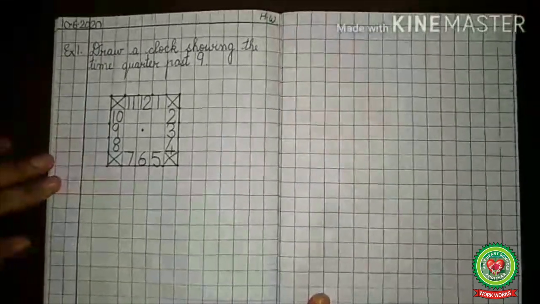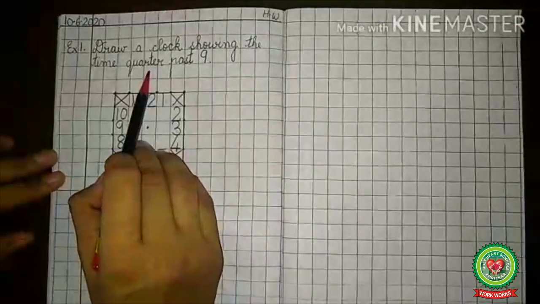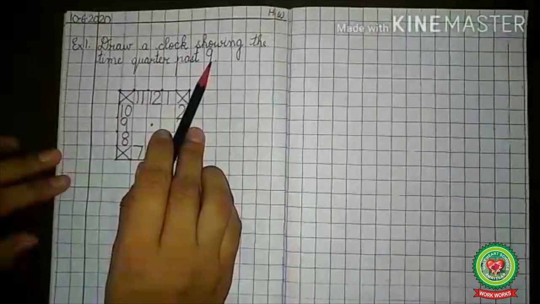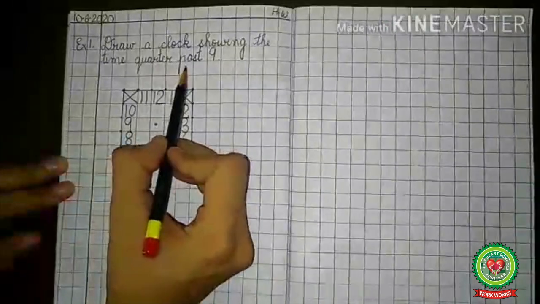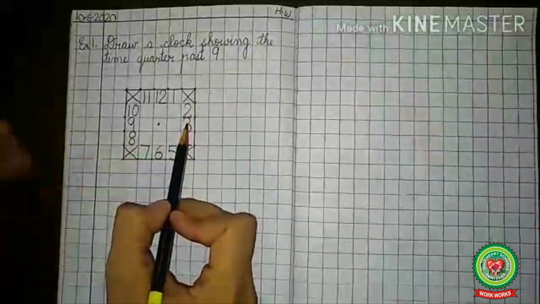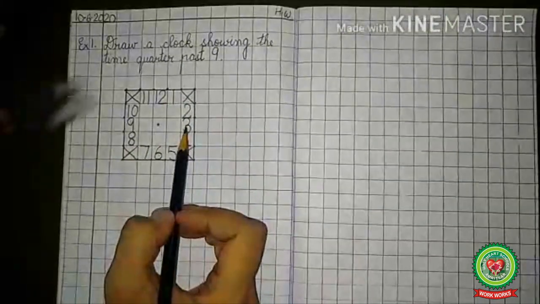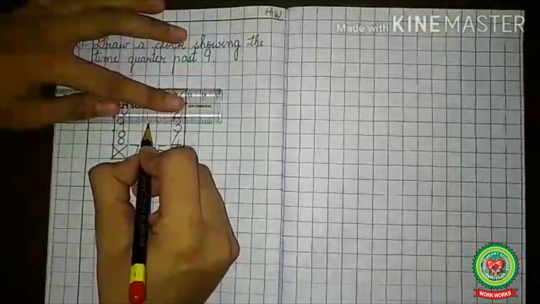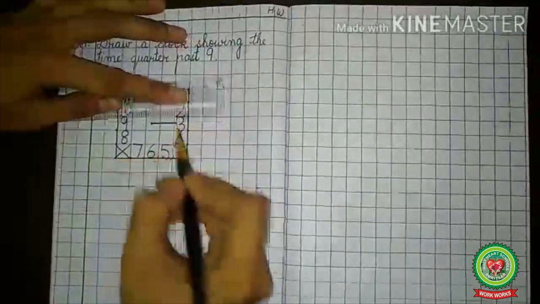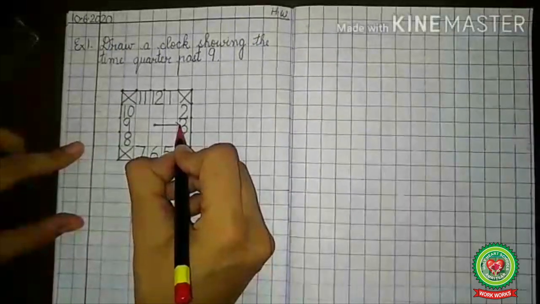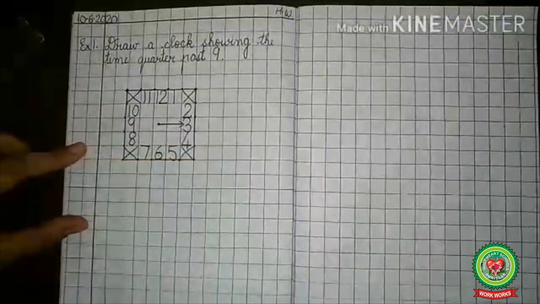Now children, what do we have to show? We have to show quarter past 9. As we have learnt, quarter past means the long hand is at 3 and the long hand always touches the number. So first of all we will draw the long hand. Drawn. Now like this.